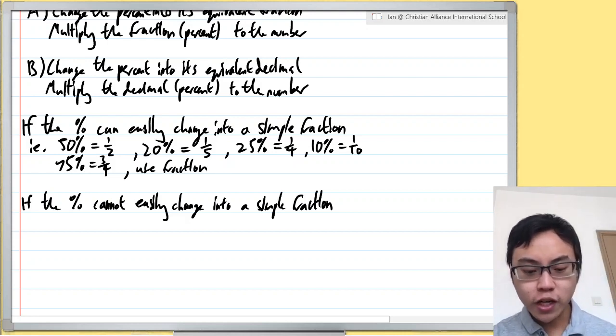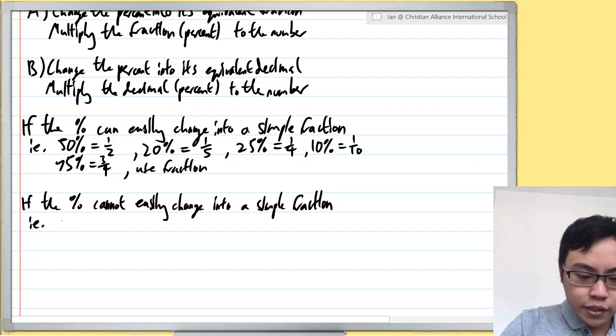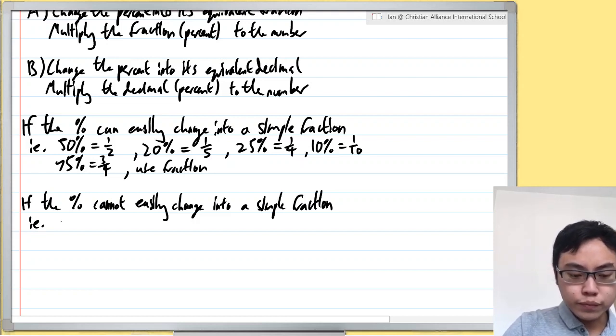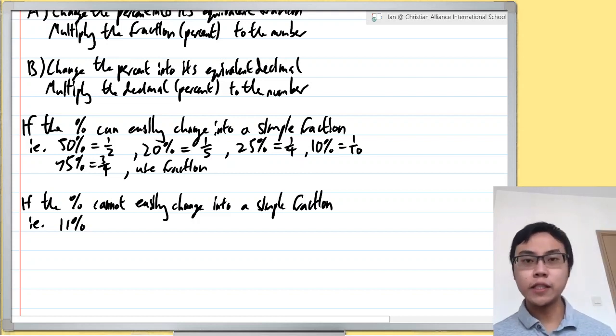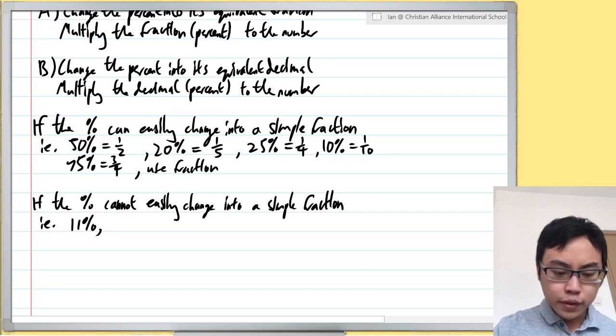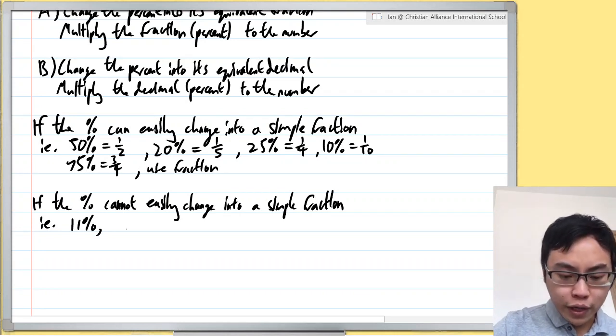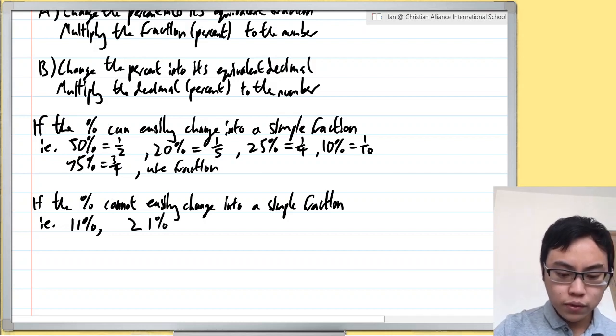If the percent cannot easily change into a simple fraction, so for example, let's say 11% is not easily changed into a fraction. Then also we can have, let's say, 21% as well.